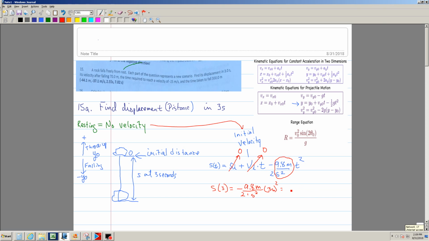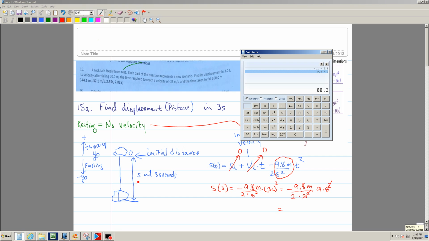It becomes 9.8 times 9 seconds squared divided by 2. Now we use the calculator.